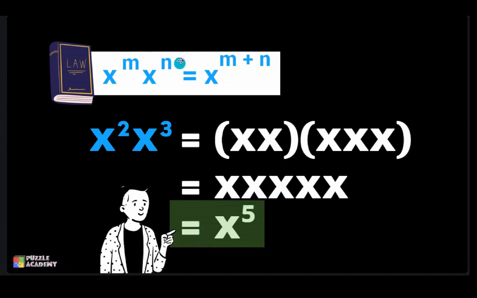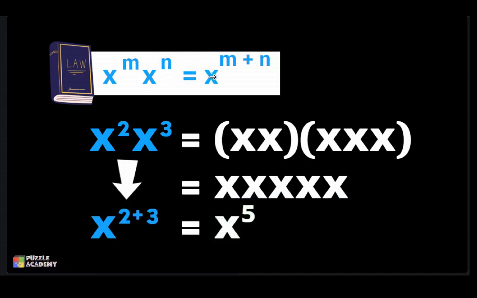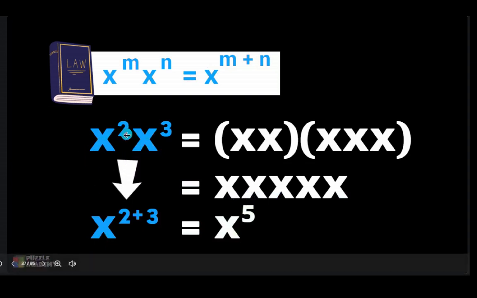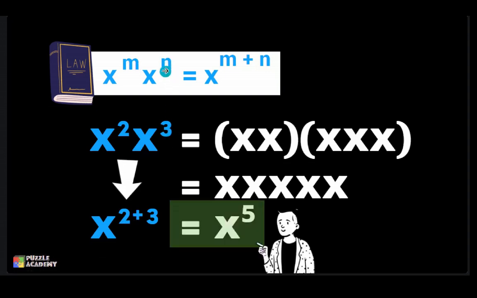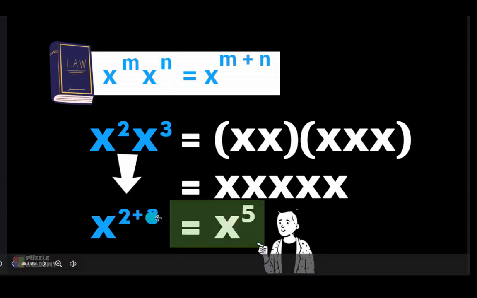Pansinin nyo pag ginamit mo tong law na to, yung x dito, kinopya lang natin dyan. Yung exponent na 2, nilagay natin dito. That represents the m, right? Yung exponent na 3, that represents the n, nilagay natin dito. So, therefore, x raised to 2 plus 3, that is equal to x raised to 5.